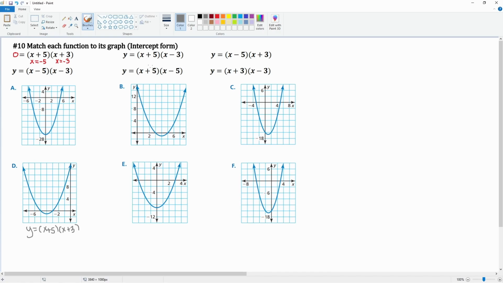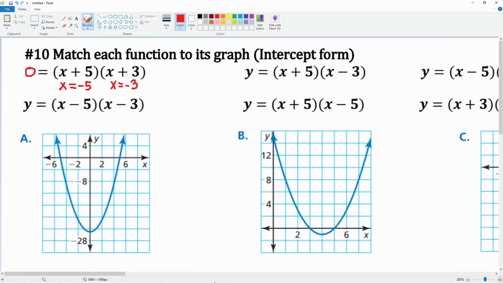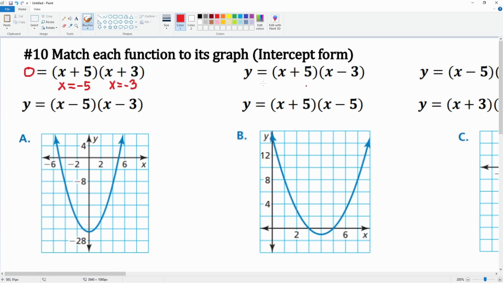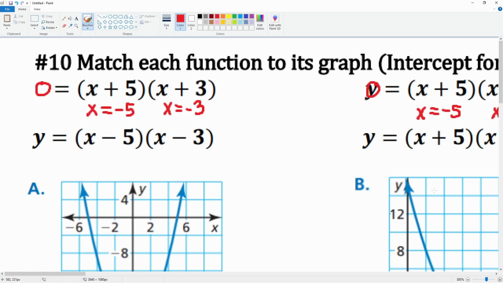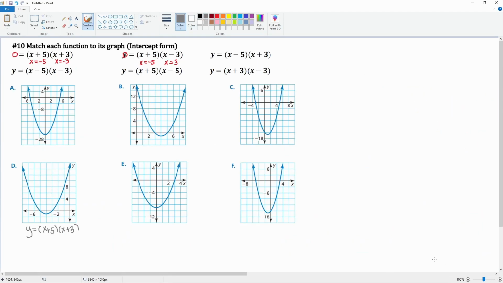So that's good. And then the next one, let's find the zeros. So this is going to be equal to 0. So x is going to be equal to -5 and x is going to be equal to 3. Let's look for that one. -5 and +3.